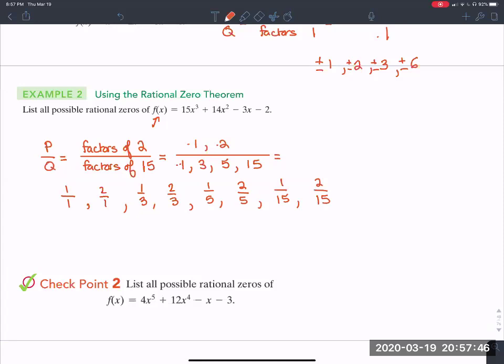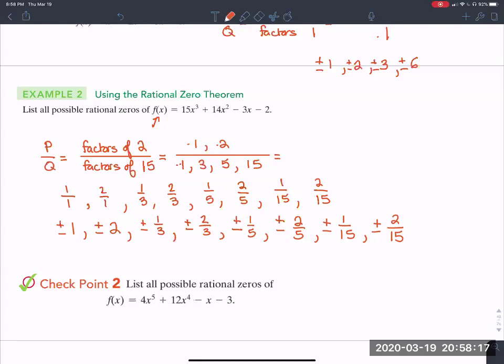And then 1 over 1 is 1, plus or minus. 2 over 1 is 2, plus or minus. 1/3, plus or minus 2/3, because we can't reduce them. Neither can we reduce 1/5, plus or minus 1/5, plus or minus 2/5, plus or minus 1/15, and plus or minus 2/15.